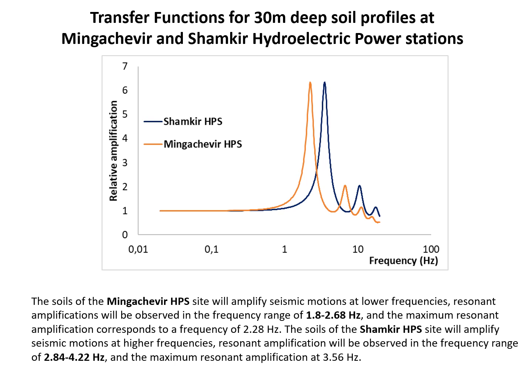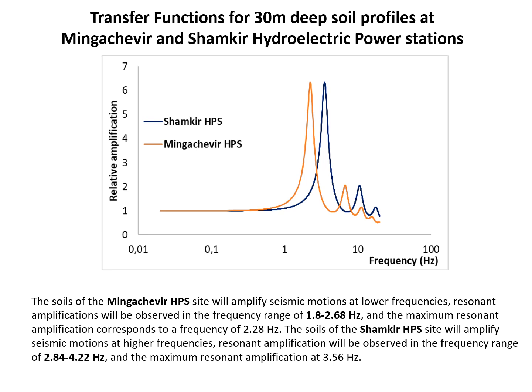On this slide, we see the transfer functions of the soil profiles of the Mingachevir and the Shamkir hydroelectric power stations. We see that the transfer functions are generally similar, but we see peaks at different frequencies. Peaks at these frequencies indicate the potential for resonant amplification of seismic motions reaching almost 7 times.